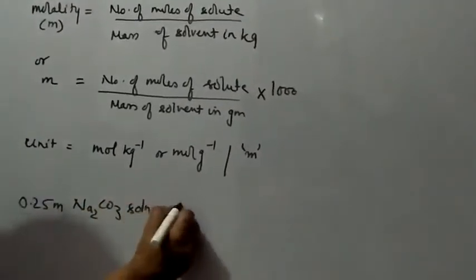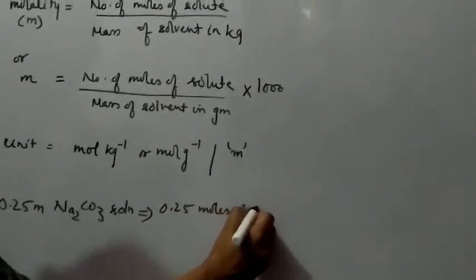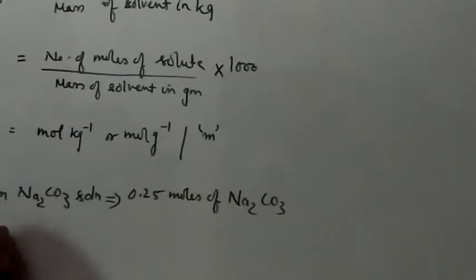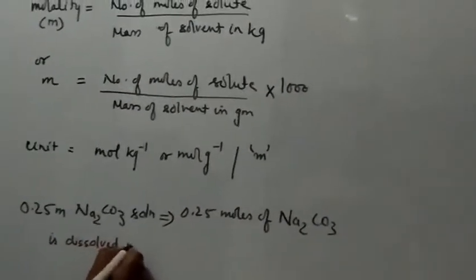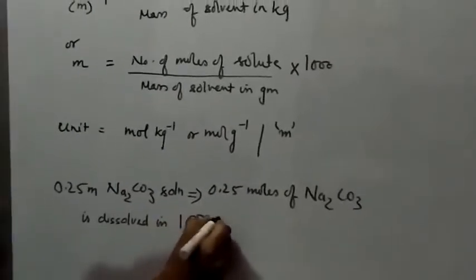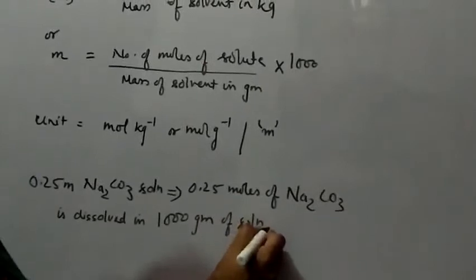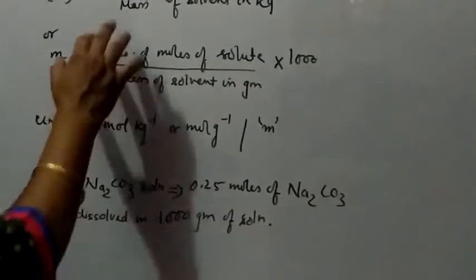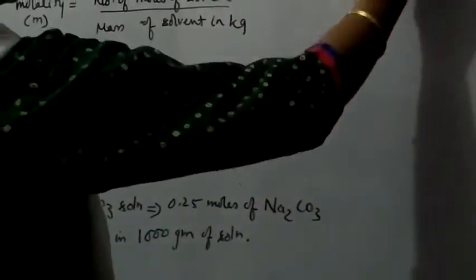It means that 0.25 moles of sodium carbonate is dissolved in 1000 gram of solvent or 1 kg of solvent, right? Now here, is this molality dependent on the temperature?